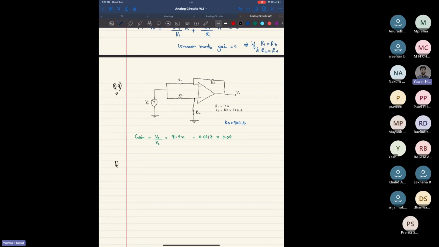What about 10? For 10, you need to find the output voltage for the circuit. The following is the circuit. Try to make it.